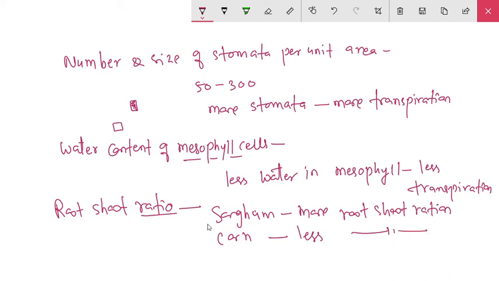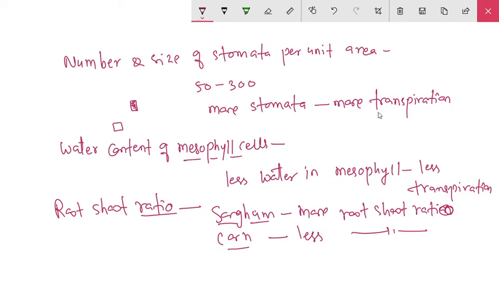So in that case, more transpiration takes place in the corn than in the sorghum. म्हणजे ज्वारीपेक्षा मकामध्ये रेट ऑफ ट्रान्सपिरेशन हा जास्त असतो. त्याचं कारण काय? The sorghum plant shows the more root shoot ratio and the corn plant shows the less root shoot ratio. Okay. So these are the different factors.